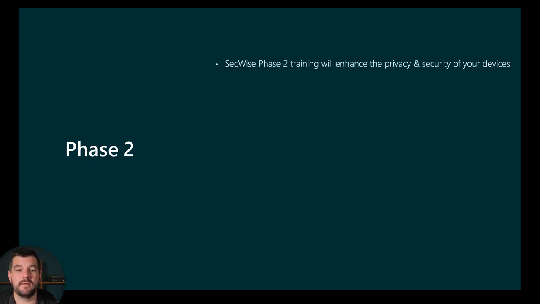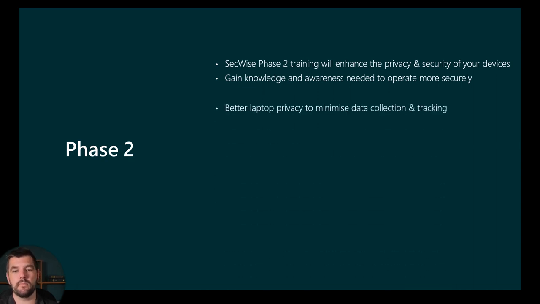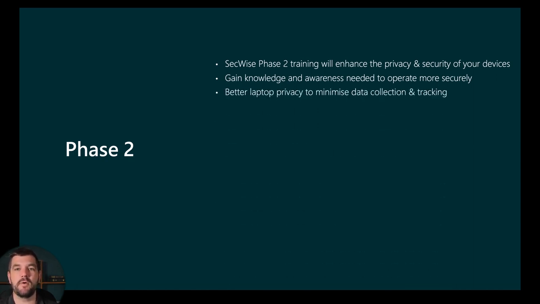Just like in Phase 1, Phase 2 training will enhance the privacy and security of your devices, and this is our overall goal as we're working through these training seminars. We're going to gain knowledge and awareness needed to operate more securely, better laptop privacy to minimize data collection and tracking.